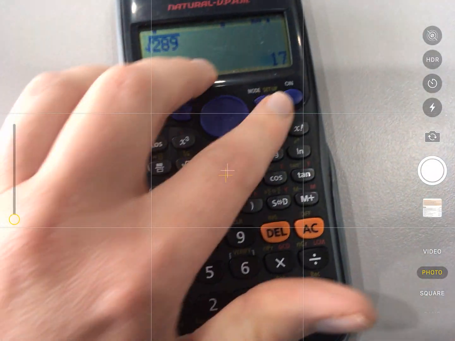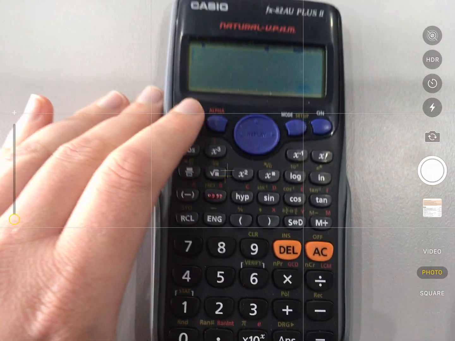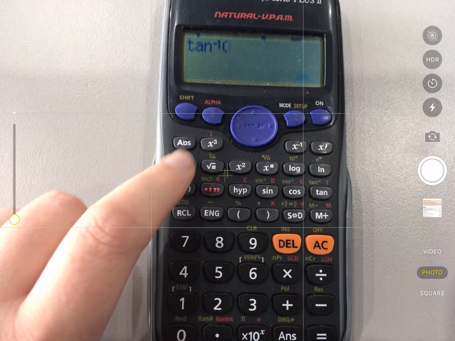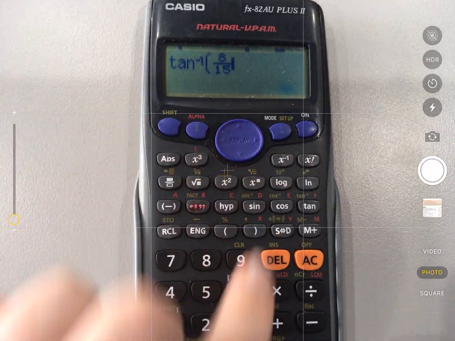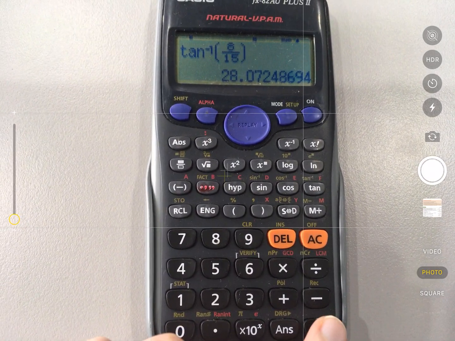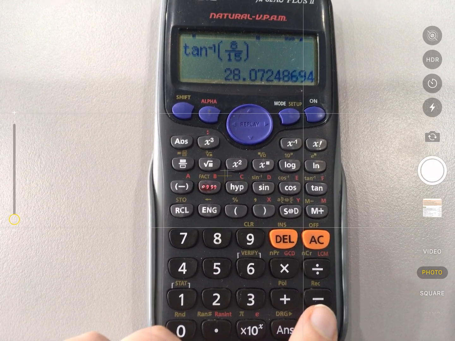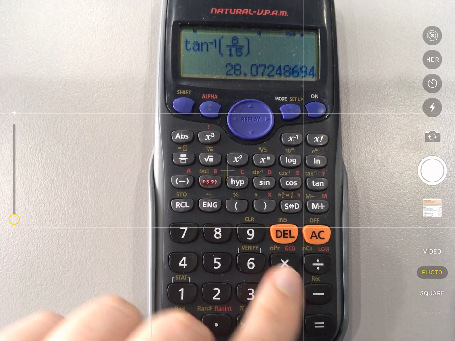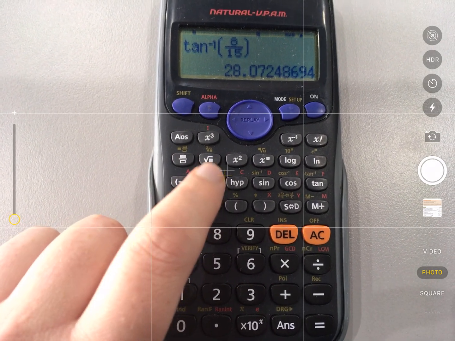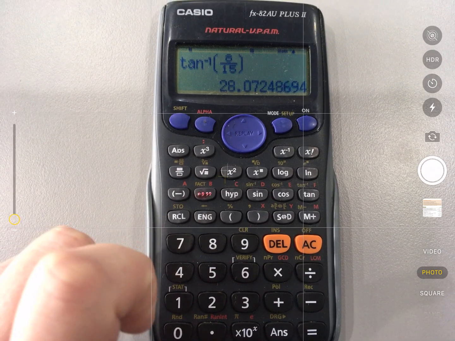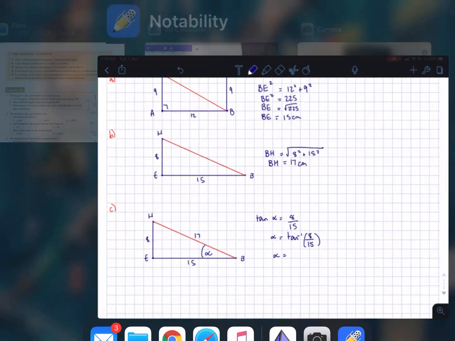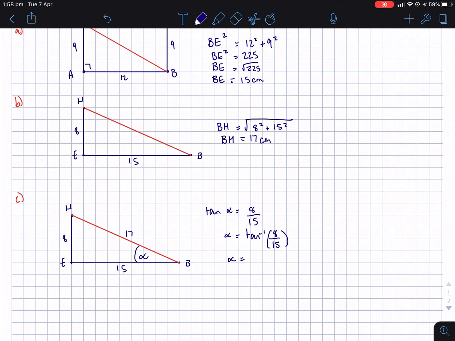We're doing arctan, so shift tan, 8 over 15, close the bracket. Did they want degrees, minutes, seconds? They wanted nearest degree. If they wanted degrees, minutes, seconds, we would press that button. But they want the nearest degree, so that's 28 degrees. And that's question 1.